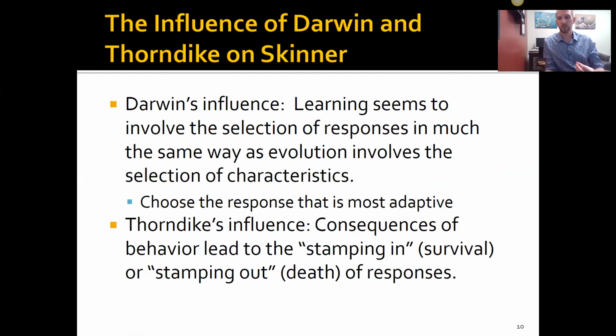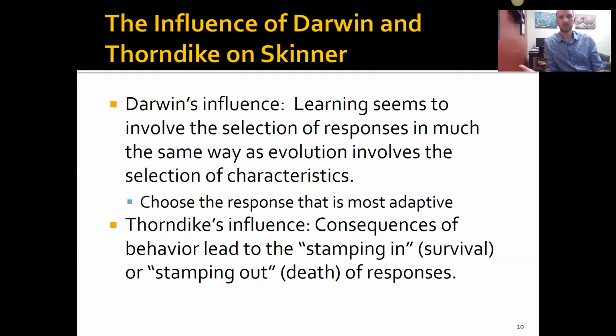Anything that led to its reproduction was going to make it more fit, and therefore more likely to reproduce, and those characteristics would be passed on to the next generation. And those characteristics that don't lead to greater reproductive fitness are not going to be passed on, because those animals within a species won't reproduce and won't pass on their traits to the next generation, or will be less likely.